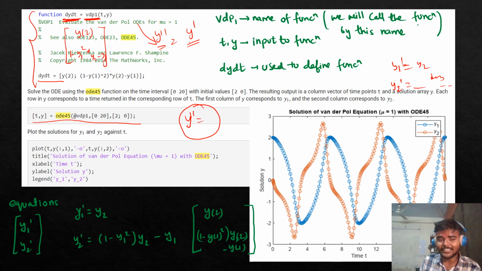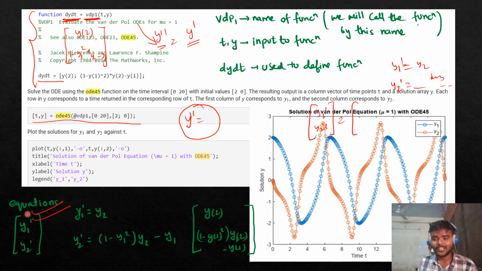Now let's suppose I have to write this equation in the matrix form. What will I write? I will write y1 dash, y2 dash is equal to this. I have shown it here also: y1 dash, y2 dash, these are the two equations in the matrix form. But I have defined a function with this particular thing, so we don't have to write this.